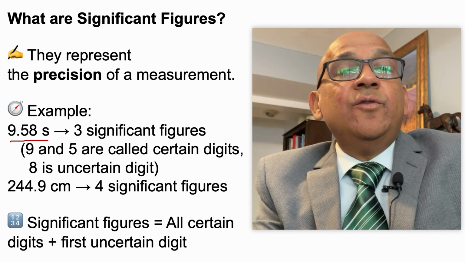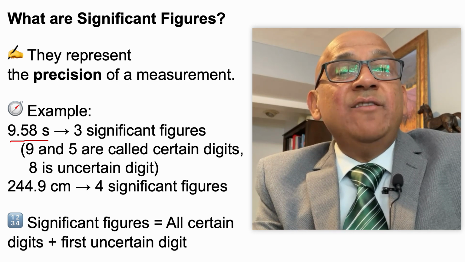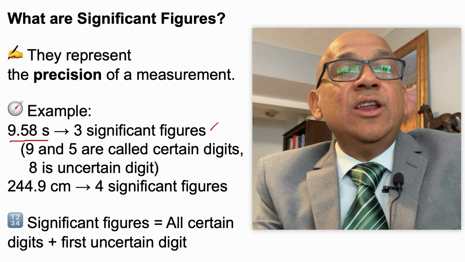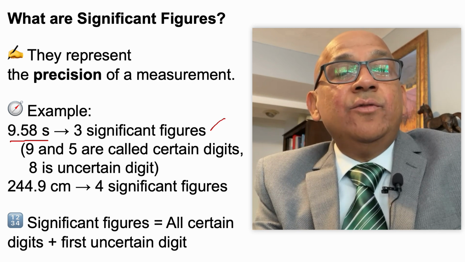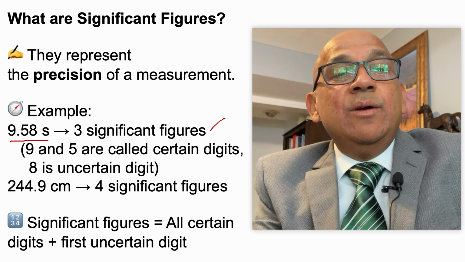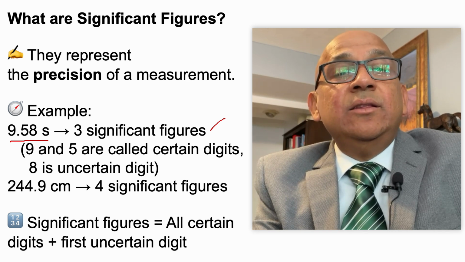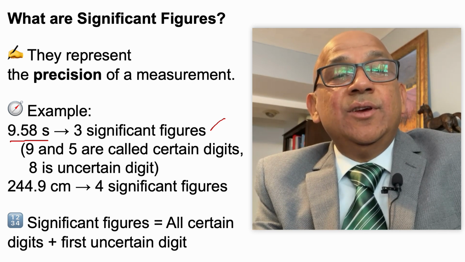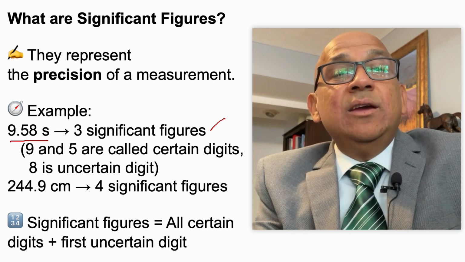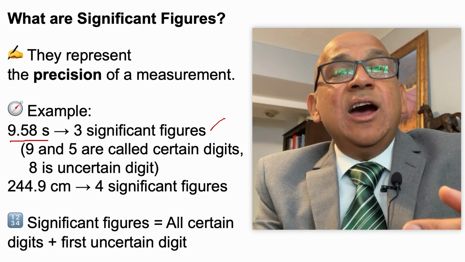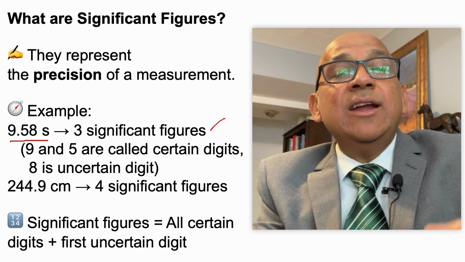So in the case of this 9.58 second, there are three significant digits 9, 5 and 8, while in the case of 244.9 there are four significant digits which are all of 244.9. So in this way, this represents how precise a measurement is.